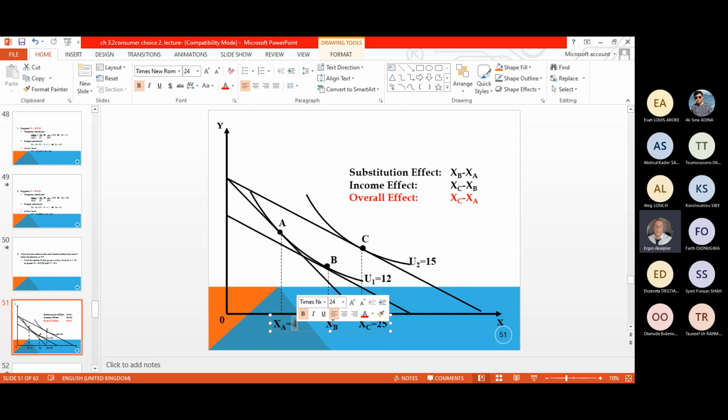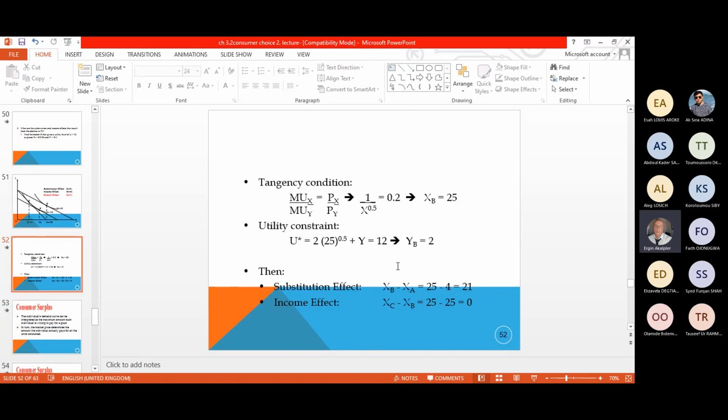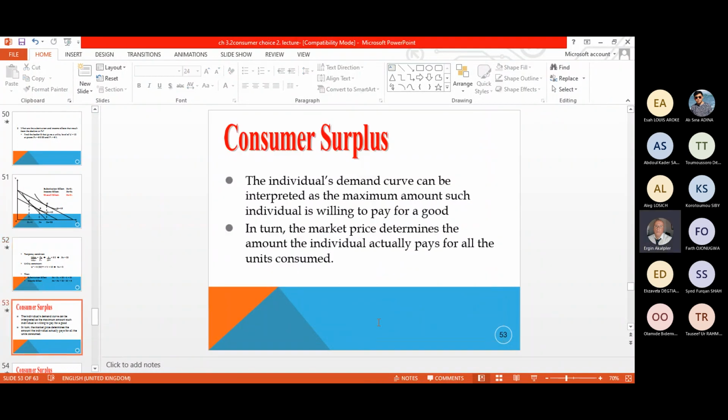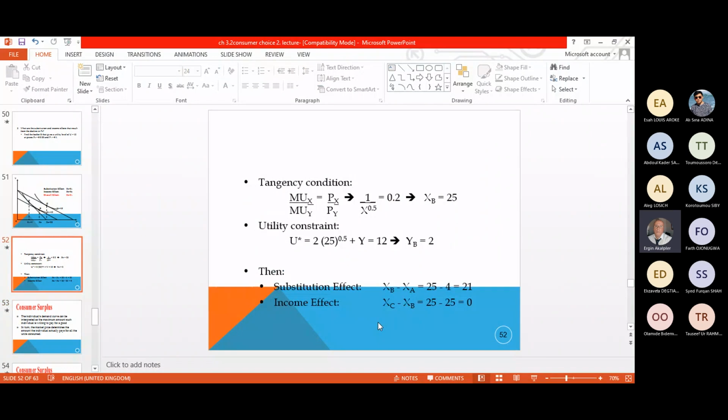For finding the impact of these changes, as you see, this difference is 25 minus 4, which is 21, the substitution effect, and XC and XB, 25 to 25, will give you 0. This is the income effect. Did you get it?